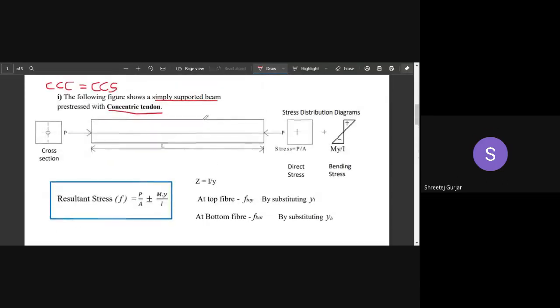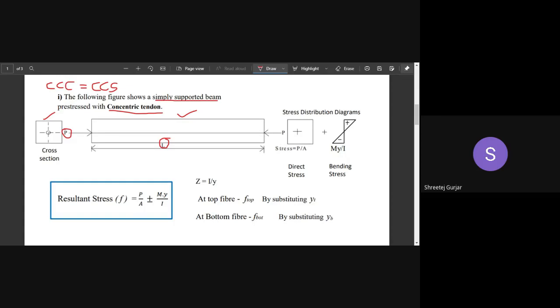So let us look into this. This is your cross section, and this is your longitudinal section of your beam. This is your pre-stressing force, and this is the length of your beam, which is denoted as capital L. Then let us look into the stress distribution diagrams.